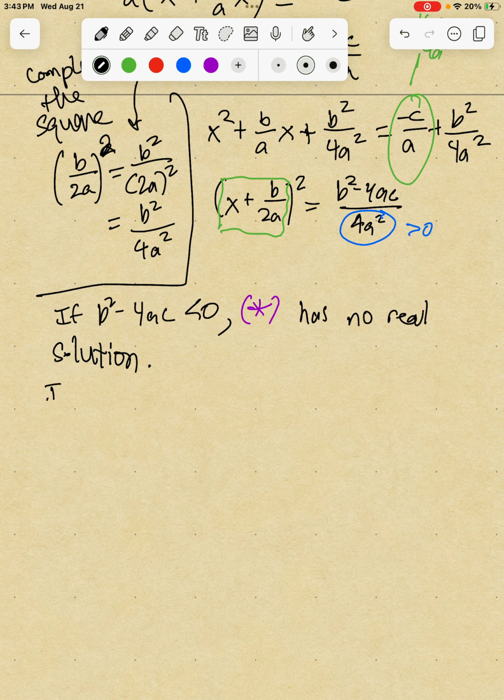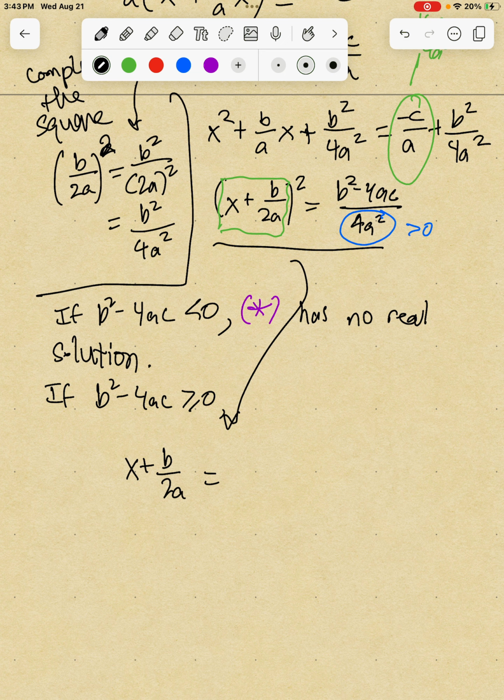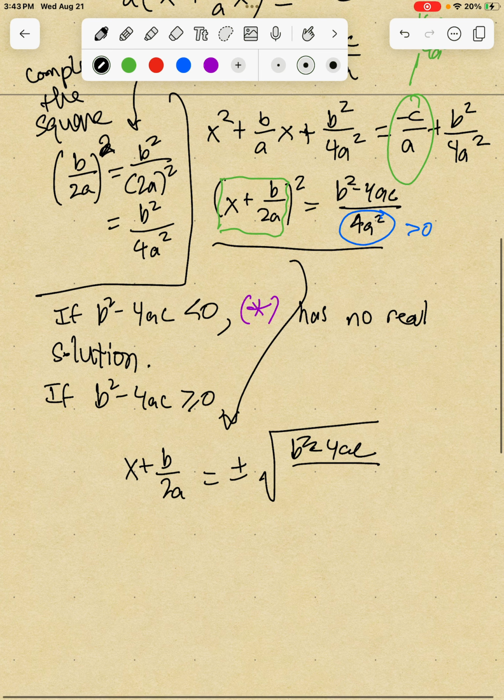But if b squared minus 4ac is greater than or equal to 0, we can keep going, because from this equation we get that x plus b over 2a has two possibilities. It's plus or minus the square root of b squared minus 4ac over 4a squared.